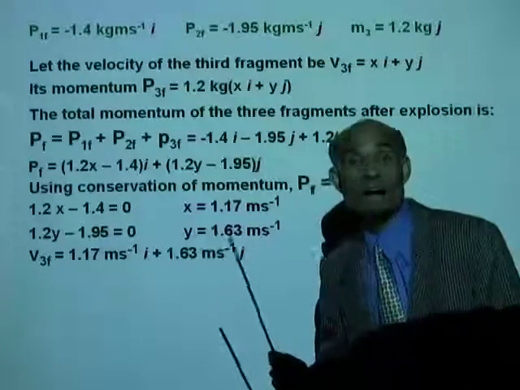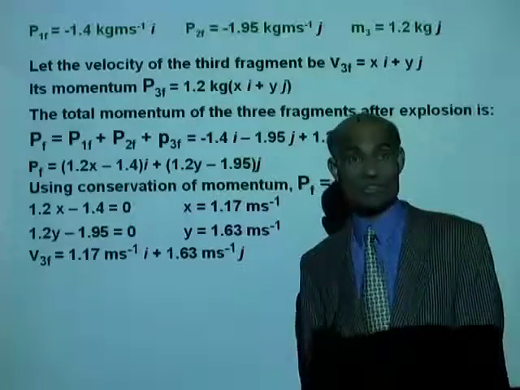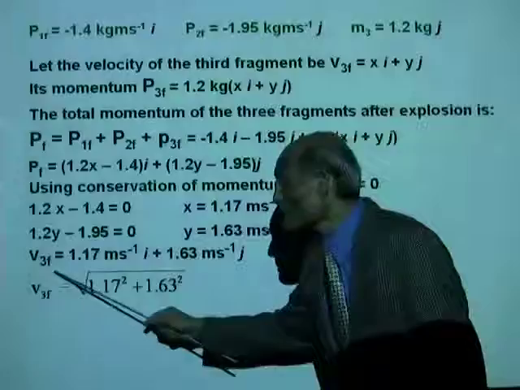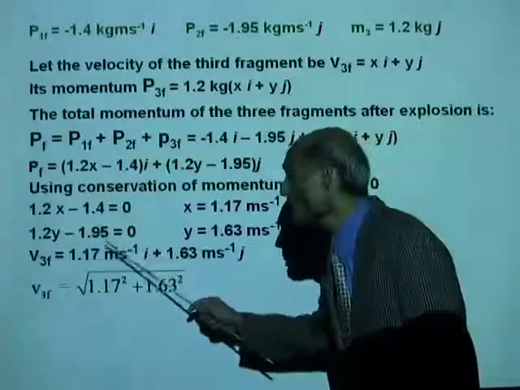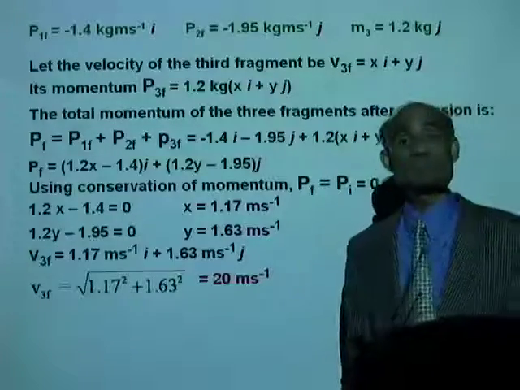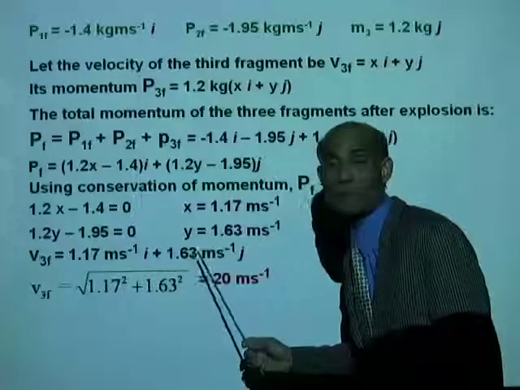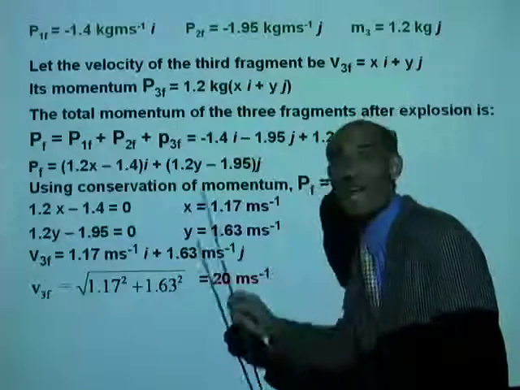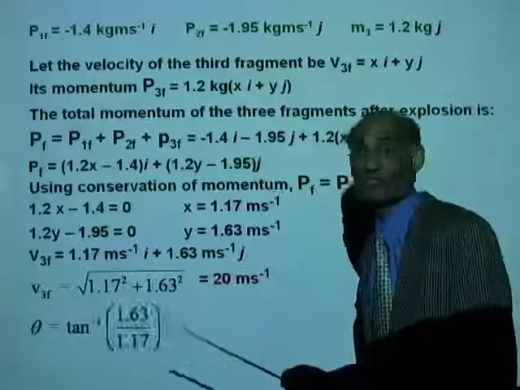And we can now find the magnitude and angle of that velocity. You know how to do that. The magnitude of v3f is square root of x squared plus y squared, and that is 20 meter per second. And what is the angle? How do you find the angle? Theta equal to tan inverse of y divided by x.